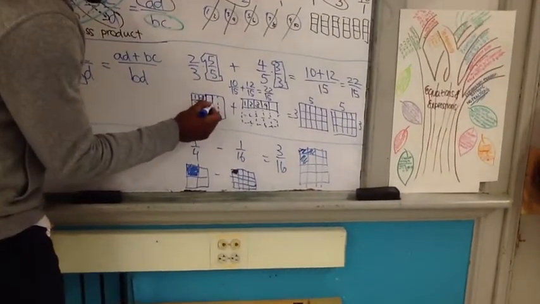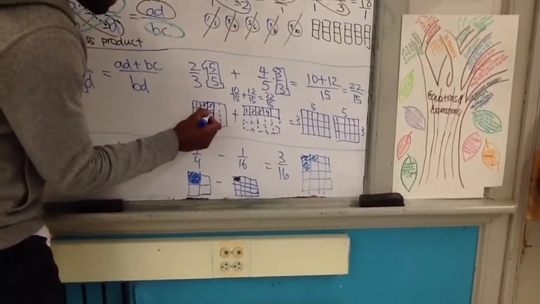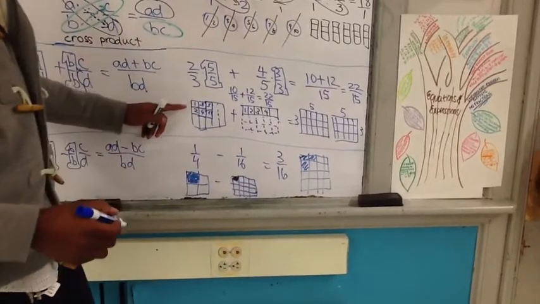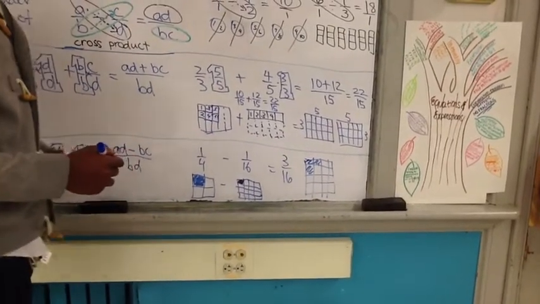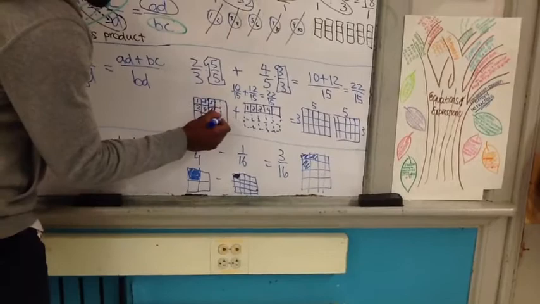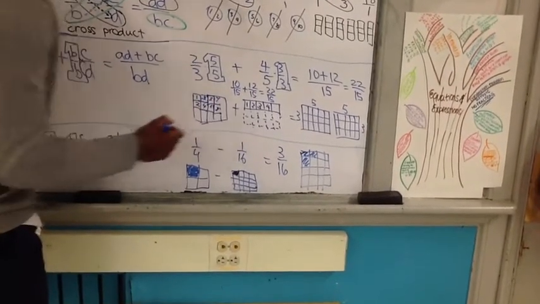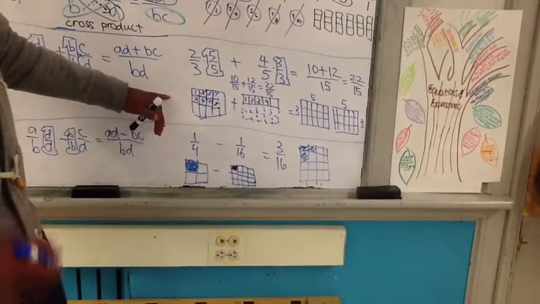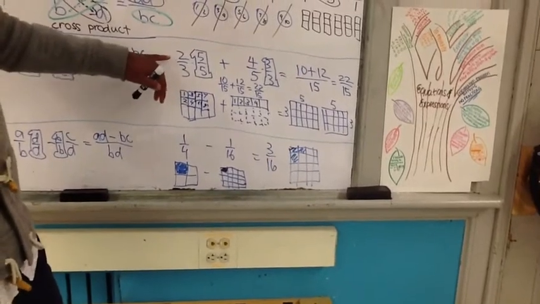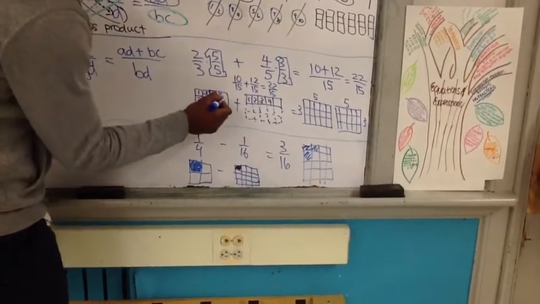Now I have 5, 6 spaces, and 6 over 9 is equivalent to 2 over 3. Here I have 7, 8 spaces, and 8 over 12 is equivalent to 2 over 3.